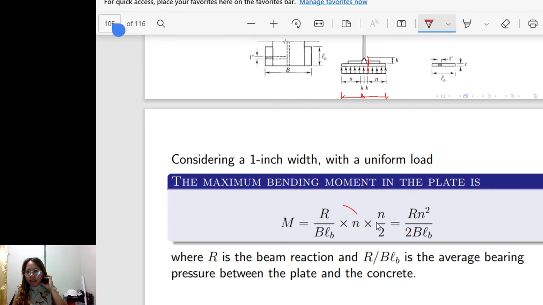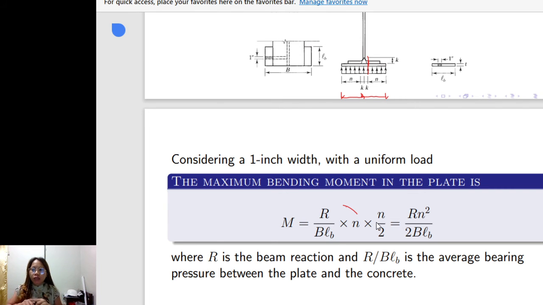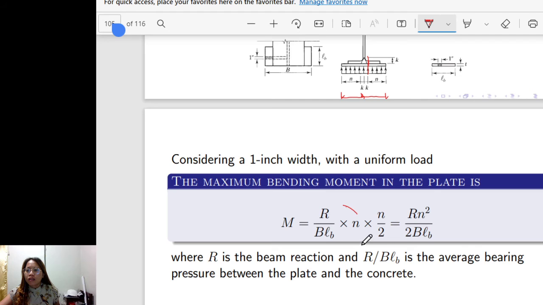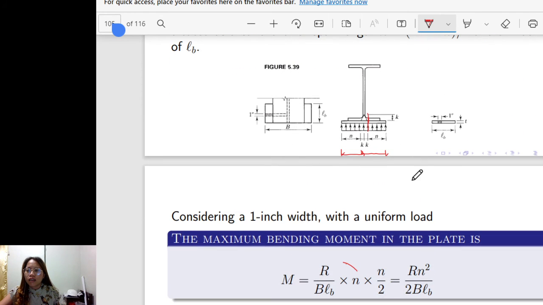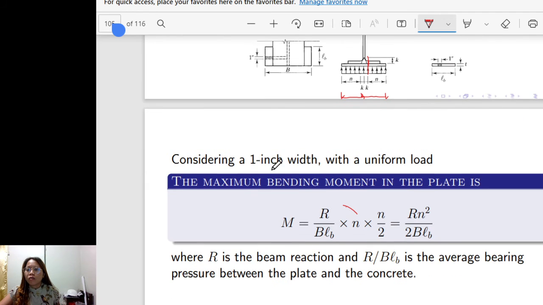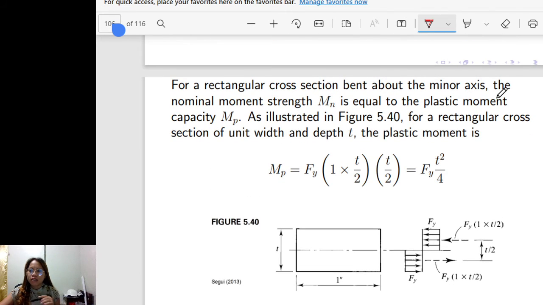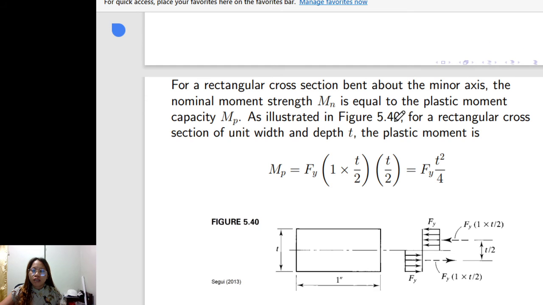Then considering the 1 meter length, 1 inch width, or if the unit is English unit, then with 1 inch width, the moment is this one, R N squared over 2BL sub B. For a rectangular cross section bent about a minor axis, the nominal moment M sub n is equal to the plastic moment M sub p capacity, as illustrated in figure 5.4.